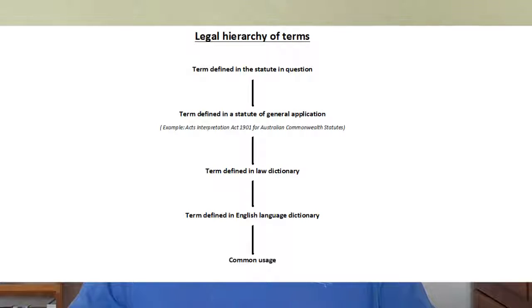Now, if it wasn't defined in the Common English Dictionary, which means no one's come up with a definition for it, you would then just go to common usage, however you could determine what the common usage might be. And that's it, that's a hierarchy of terms. So that is a hierarchy you need to know if you want to do any research on legal issues.